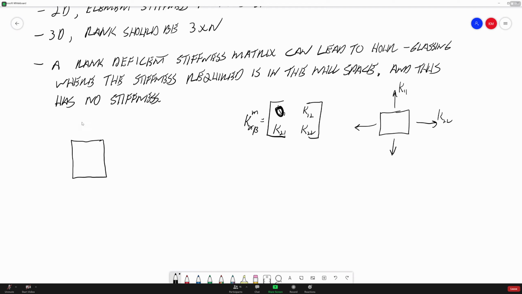Let's say we pick an element and we have a single integration point in the center. A single integration point with a square element like this could lead to a deformed shape of this element that is kind of like this. So what happens in these particular situations is you have a loss of volume.